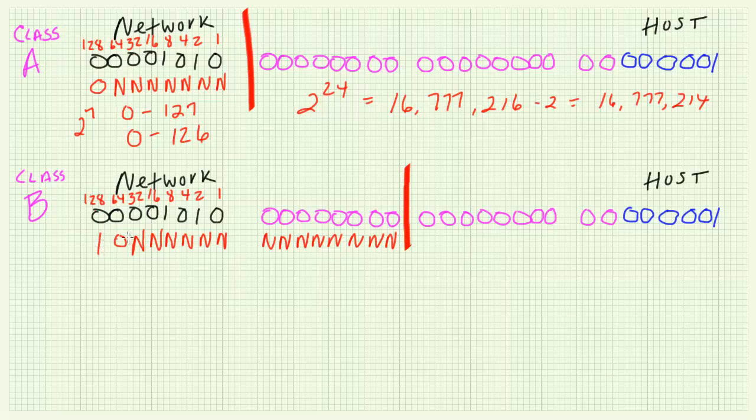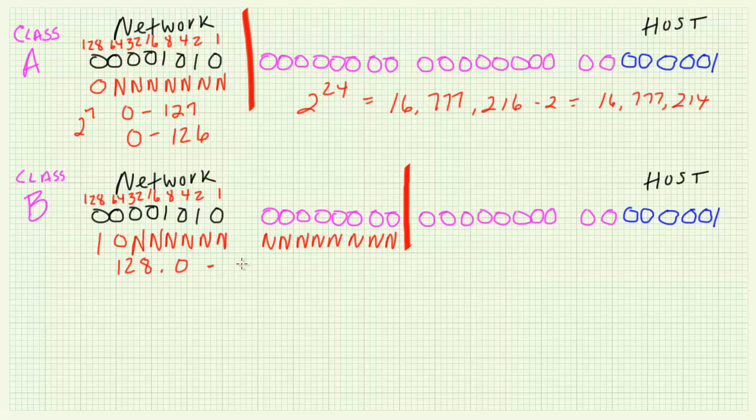So if this is a 1, and all of the rest of the bits in the network number of the first 2 octets are zeros, where is this going to begin? It's going to begin at 128. So 128.0, where all of these are zeros except for that 1, and then all of these are zeros, is our first network in the Class B range.